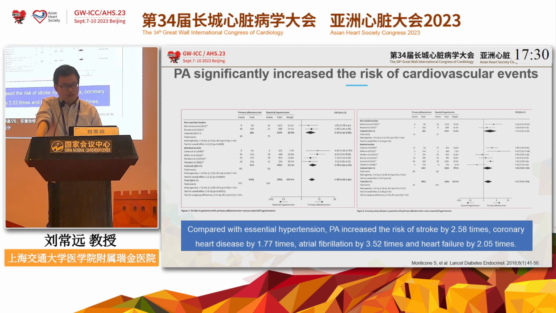More importantly, PA significantly increased the risk of cardiovascular events. From a recent systematic review and meta-analysis published in the Lancet study, we can see that compared with essential hypertension, PA increased the risk of stroke by 2.58 times, coronary heart disease by 1.77 times, atrial fibrillation by 3.52 times, and heart failure by 2.05 times.